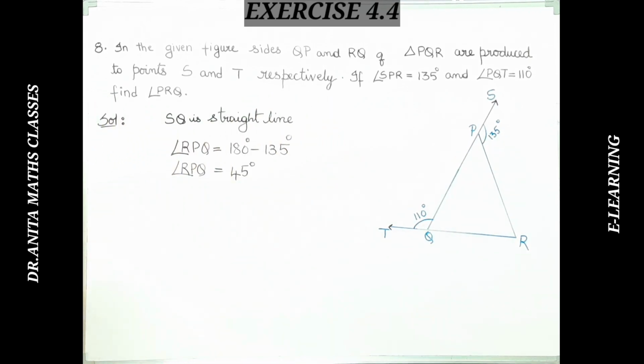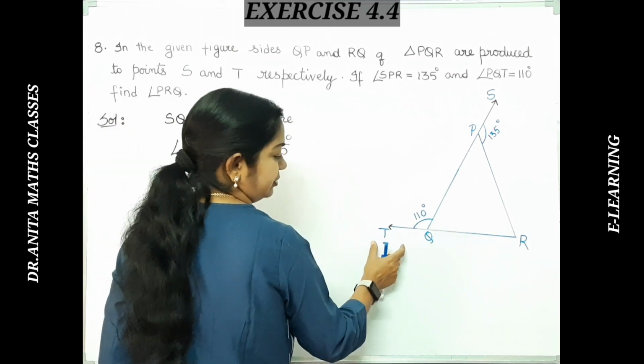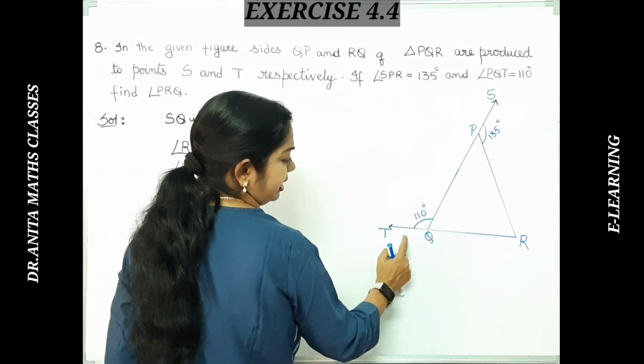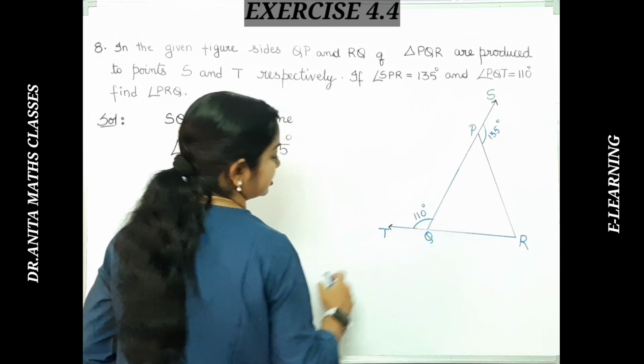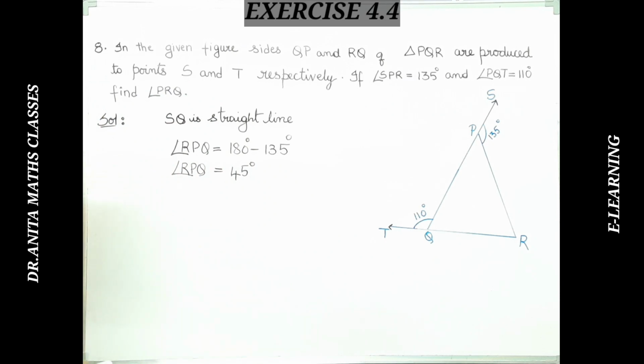Likewise, RQ is extended, produced till T. Here RT is a straight line, and the angle on a straight line is 180 degrees, a straight angle.